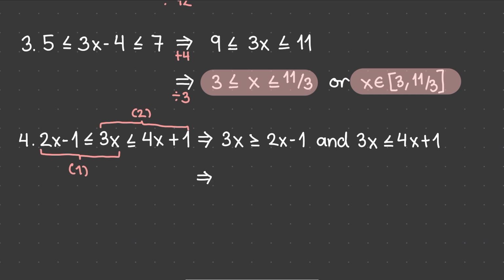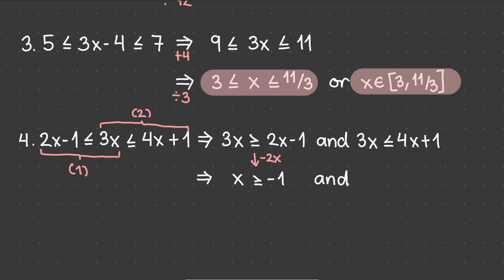In solving this, the manipulations that we do here don't necessarily mean that we do them here as well. So let's first deal with the first one. To isolate x on one side, all we need to do is move 2x out here to the left, or essentially, we will be subtracting 2x from both sides. So that will give us x greater than or equal to negative 1.